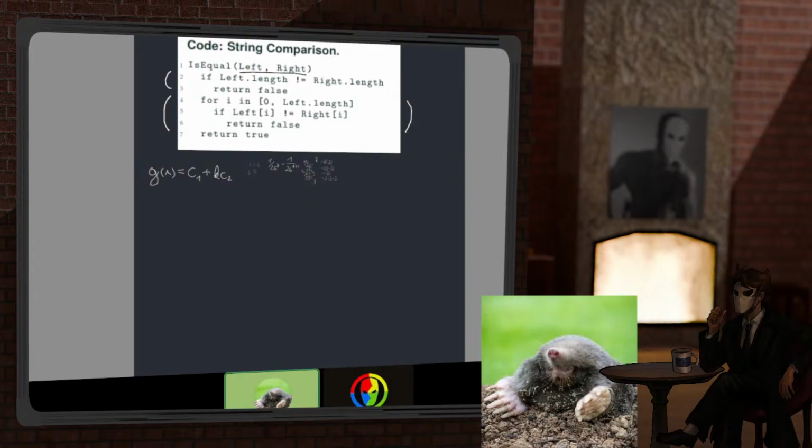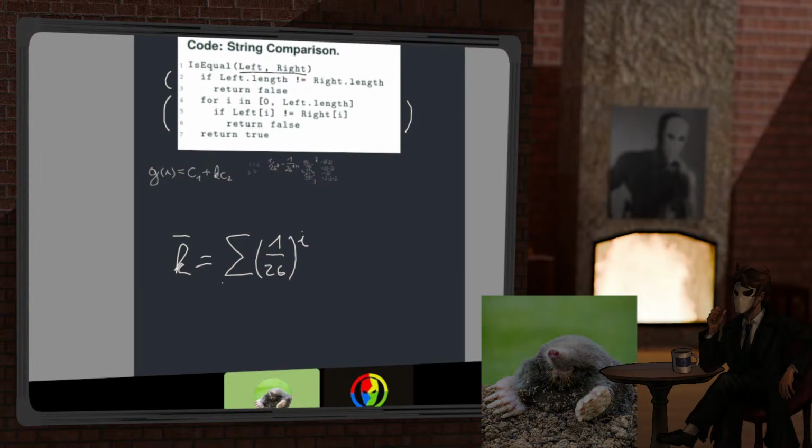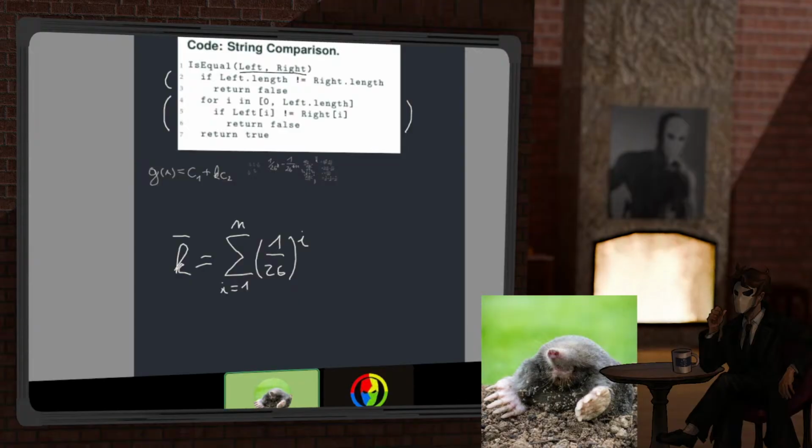Yes, so what we just wrote can actually be rewritten to be a geometric series. So 1 over 26 exponent i, and it goes from 1 all the way to n, if n is the length of our string.